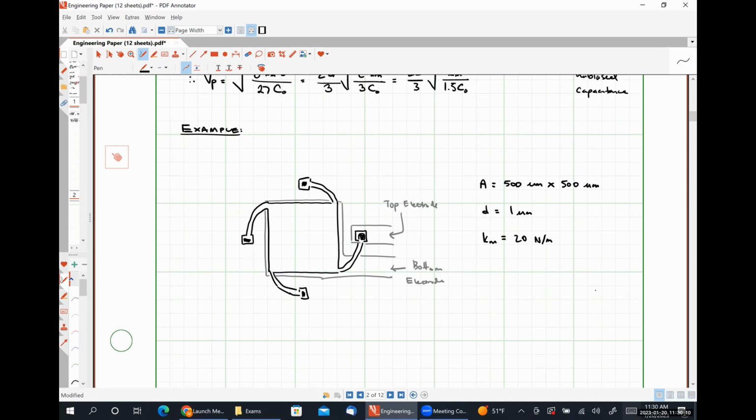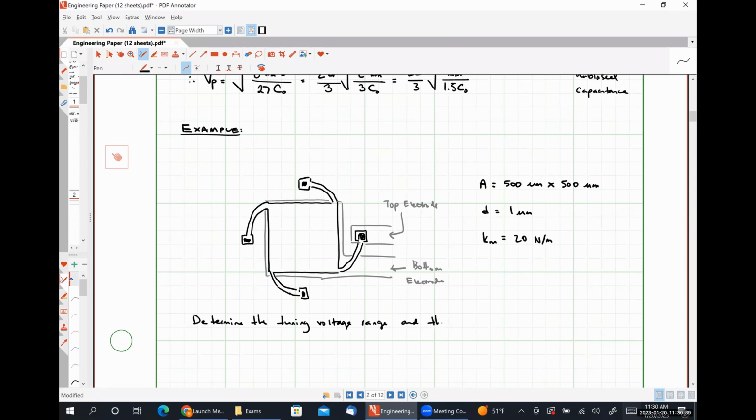So what I want us to figure out is the tuning voltage range. So effectively, what bias voltages can be applied to this thing before the pull-in effect causes it to no longer function as a capacitor.